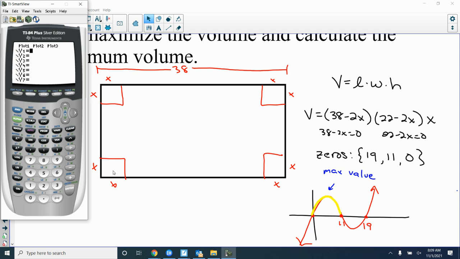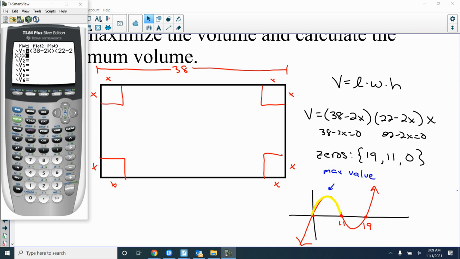All right, so what do we got? Y equals, parentheses, 38 minus 2x. And then what else we got? 22 minus 2x. And then we got an x.